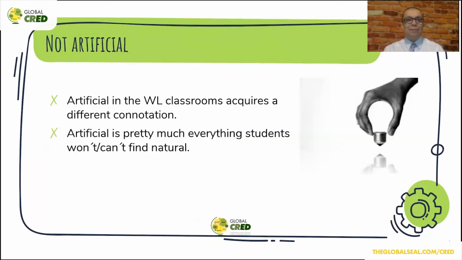It's not about something that is man-made compared to something that is nature-made. For our students, artificial can be pretty much everything that they won't find natural in the classroom interactions.